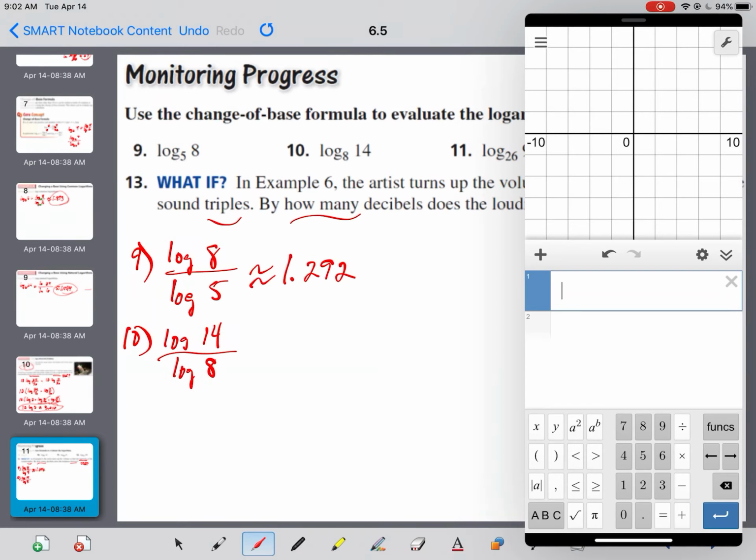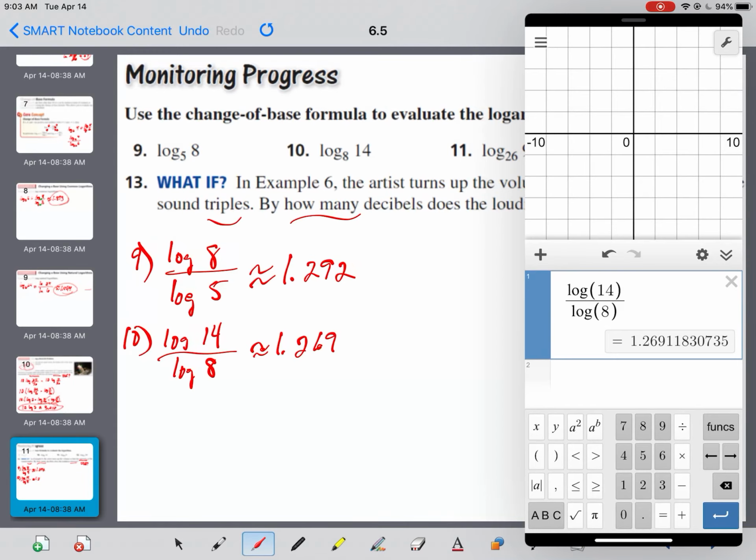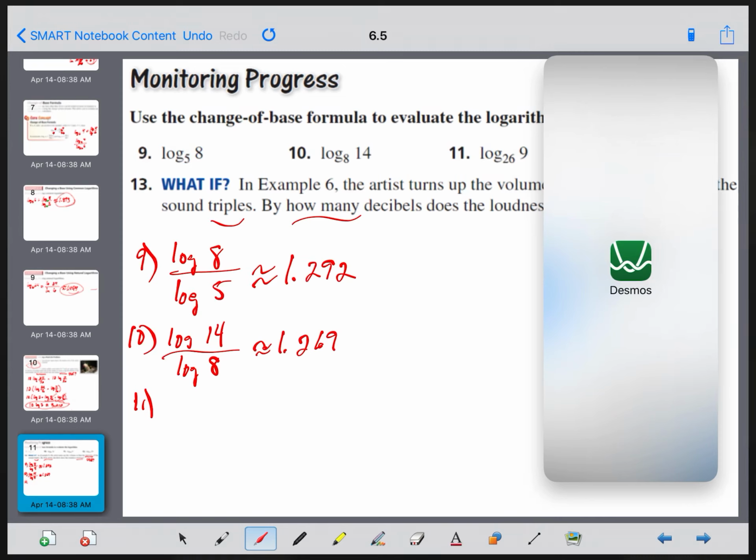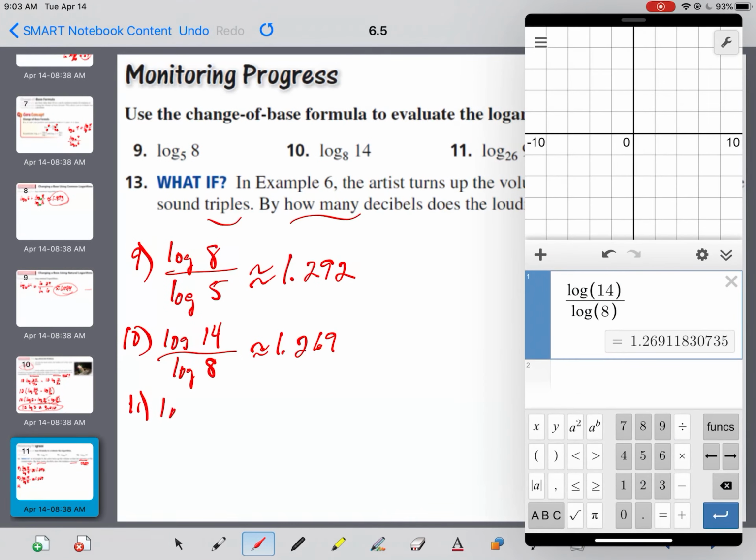Let's look at number 10. Log of 14 over log of 8. Log 14 divided by log 8. And we're at about 1.269. 11. Log of 9 over log of 26.